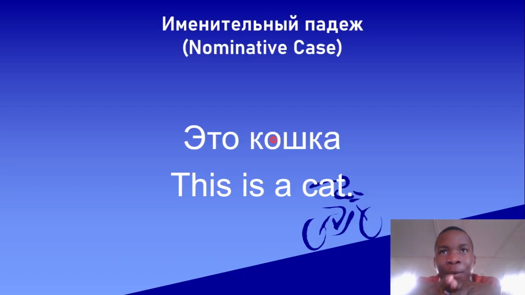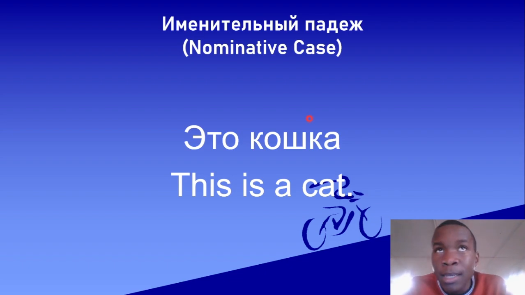When I go into the dictionary and I am looking for the word cat, irregardless of feminine or whatever, well, there are only those two genders, or neutral, but that is not the one I'll be talking about. So koshka is a cat. When I go to the dictionary and look for the word cat, I will find that word koshka 100% as it's written here. So that is our nominative case.